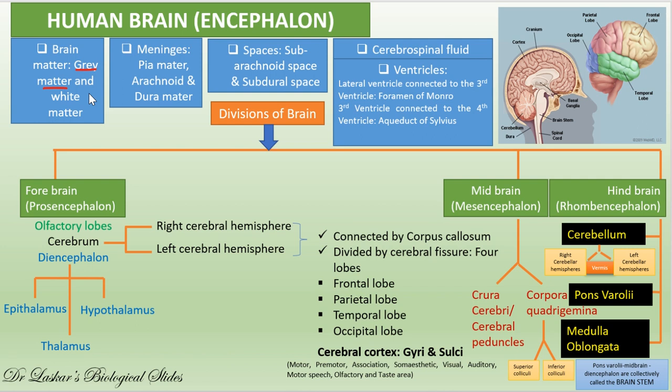It is formed of cell bodies or cytons of neurons and non-medullated nerve fibers. The white matter lies inner to the gray matter. It is formed of medullated nerve fibers which appear white due to the presence of the medullary sheath.